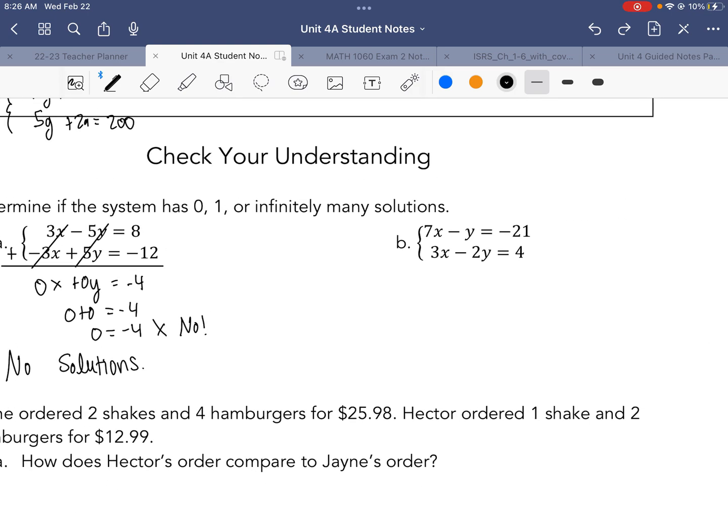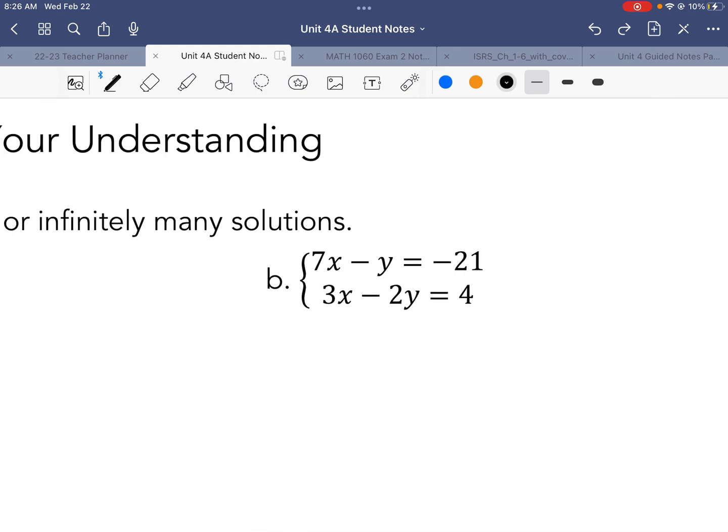Okay. With this one, this is a little bit trickier because we don't have anything that matches up. So we need to get them to match up. The way that we do this, I'm going to take this entire top one and multiply by a -2. What I'm doing here is recognizing that there's an invisible 1 here. I need to get from 1 to 2. The reason I'm using a negative is because I want to turn this into a positive so that I can just add to -2y.